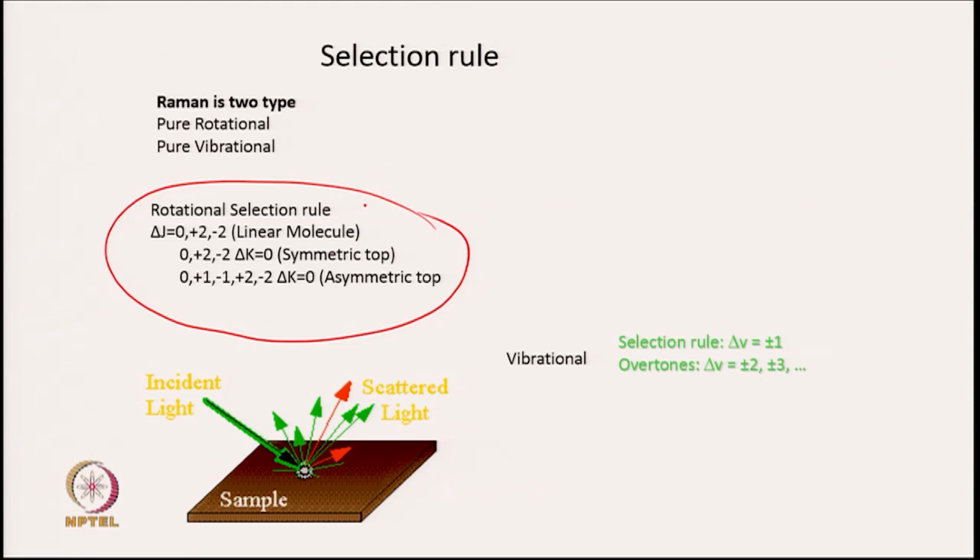For symmetric top, delta J is equal to 0, plus minus 2, and delta K is equal to 0. For asymmetric top, delta J can be 0, plus minus 1 and plus minus 2, whereas delta K must be 0. So, this is the selection rule for rotational. For vibrational, the selection rule is delta V is equal to plus minus 1.